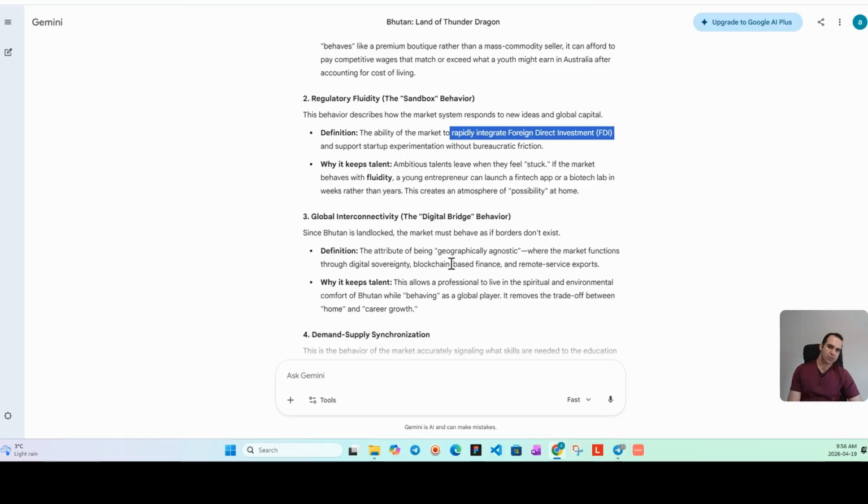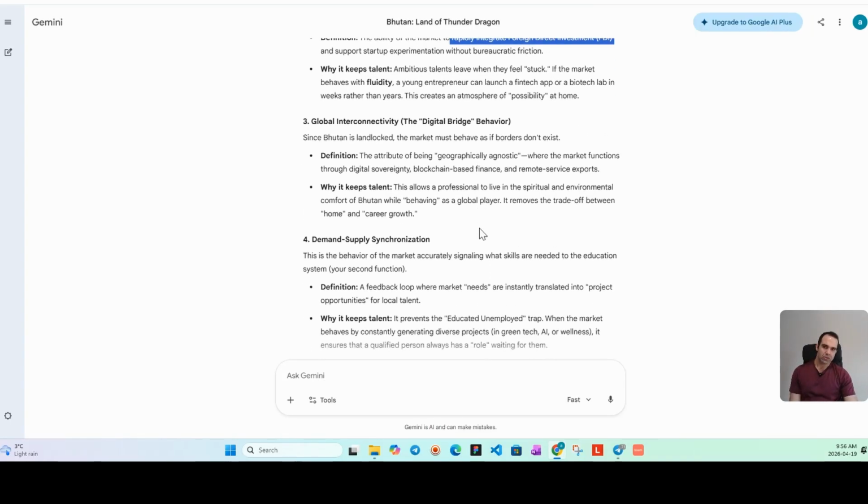So it is increasing connectivity with other countries, which allows professionals to live in this virtual environment.